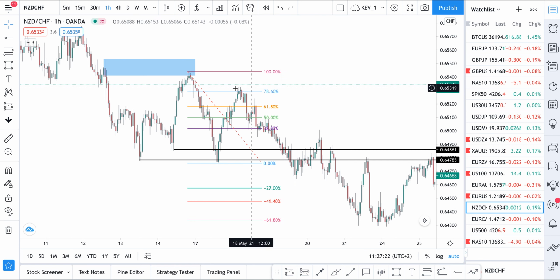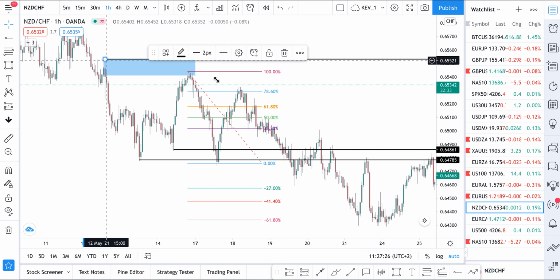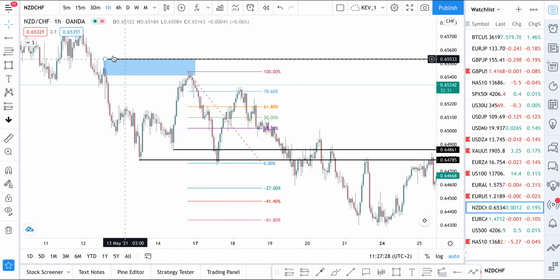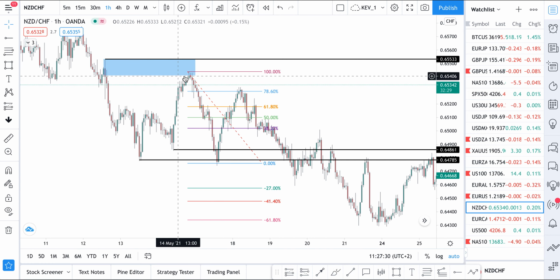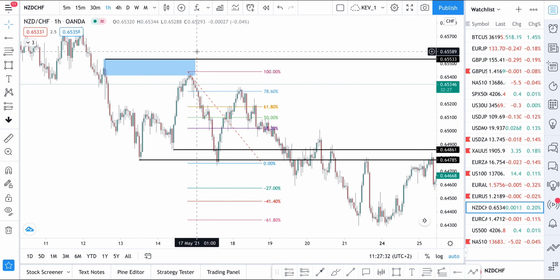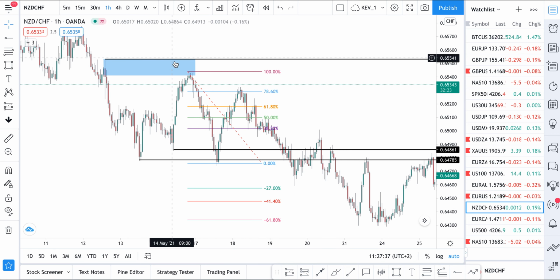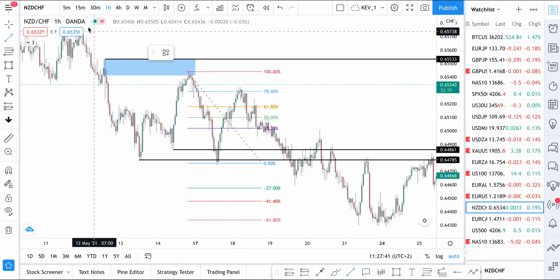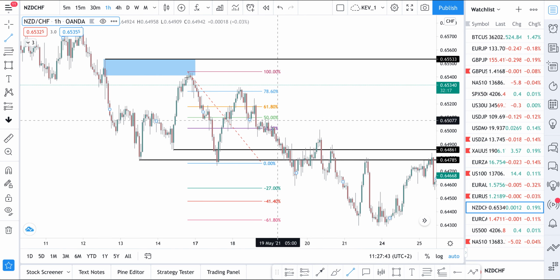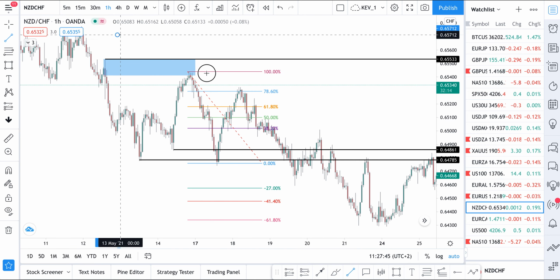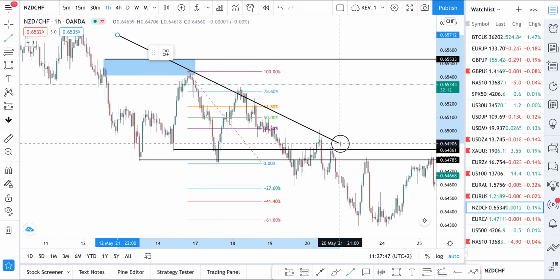And the reason why we were looking for a sell was because this structure had not been broken. If these had broken the structure, then all we were going to be looking for was buy opportunities. But because the structure has not been broken yet, it means that we are still on a downtrend. We are still on a downtrend, guys.